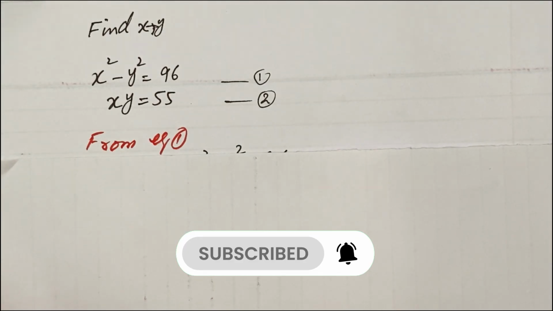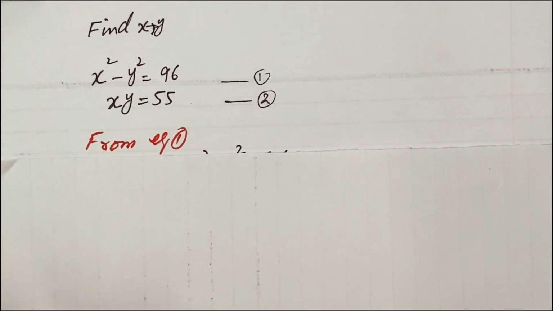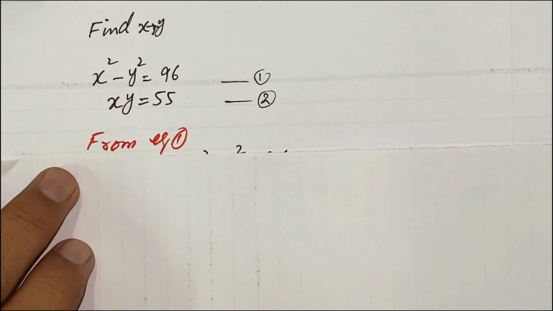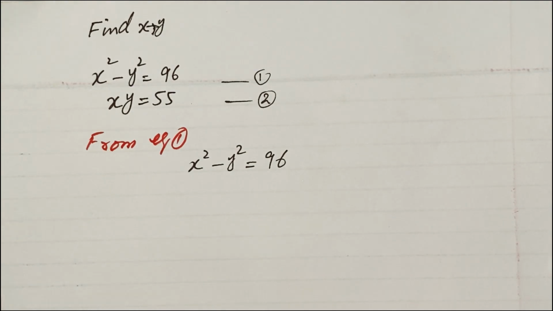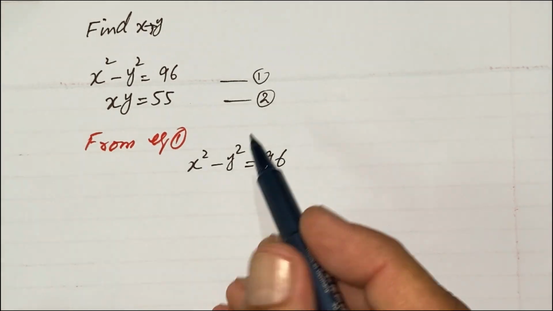Now, from equation 1, x square minus y square is equal to 96.